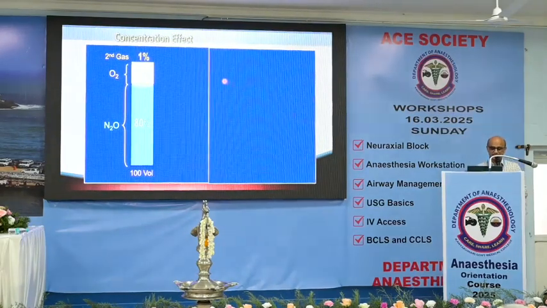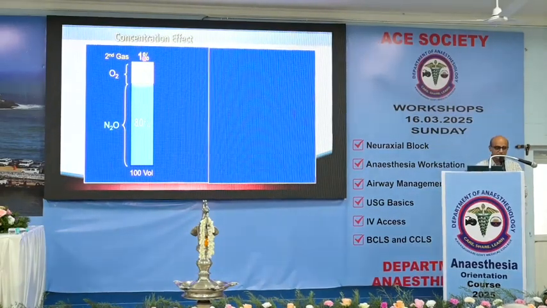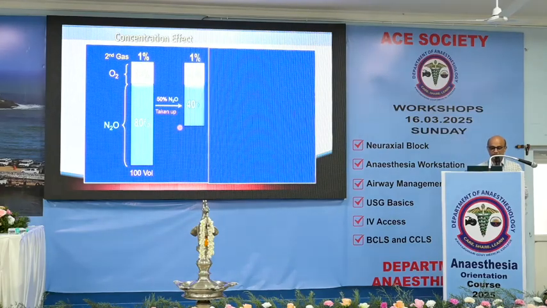To understand this, say we were giving 1% of sevoflurane, 19% of oxygen, 80% of nitrous oxide. This is the whole volume of the alveoli. Now, with the loss of nitrous oxide, which was 50%, this 80% would have come down to 40%.